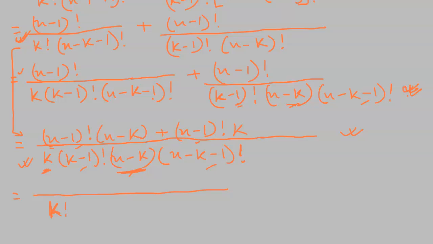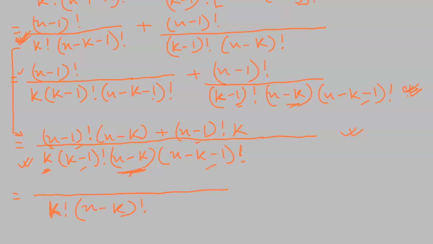Okay? If you can handle these directly, I have no objection. So the denominator will be k factorial times n minus k factorial. Okay? Because k times k minus 1 factorial is k factorial and n minus k times n minus k minus 1 factorial is n minus k factorial.